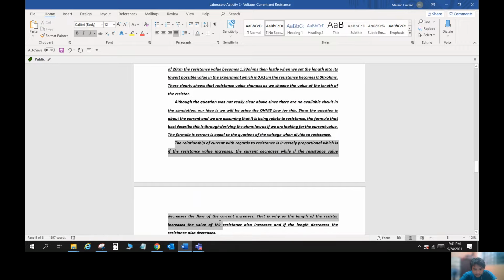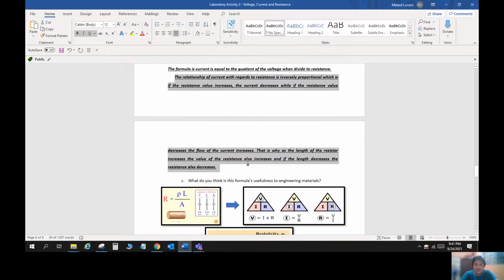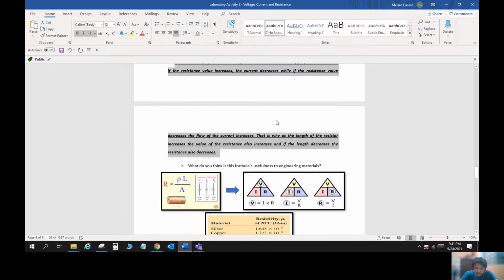So the relationship of current with regards to resistance is inversely proportional. When the resistance value increases, the current decreases, while if the resistance value decreases, the flow of the current increases. That is why as the length of the resistor increases, the value of the resistance also increases.